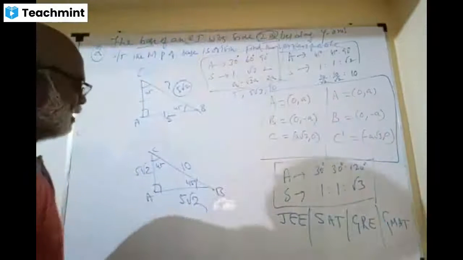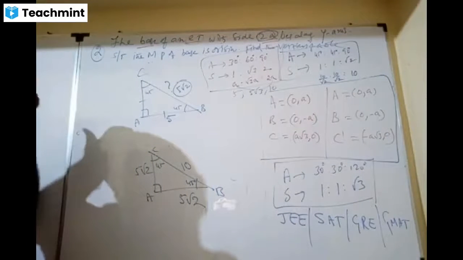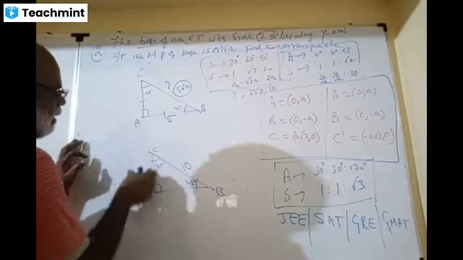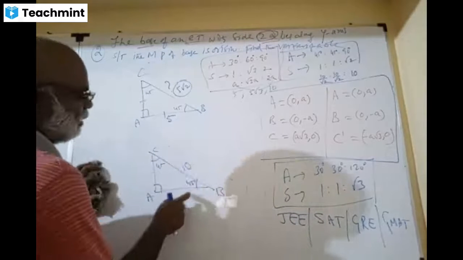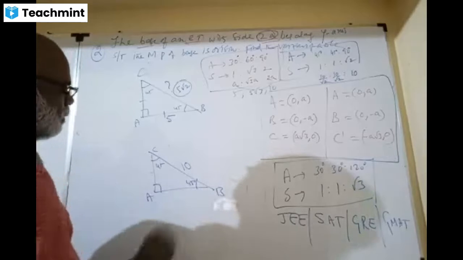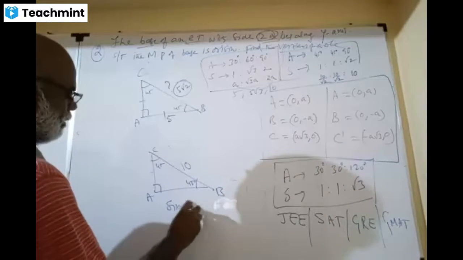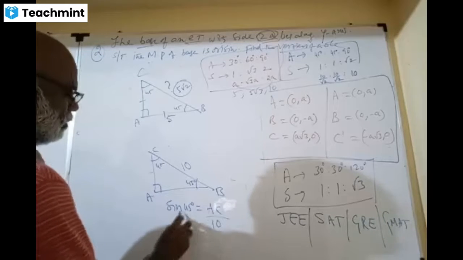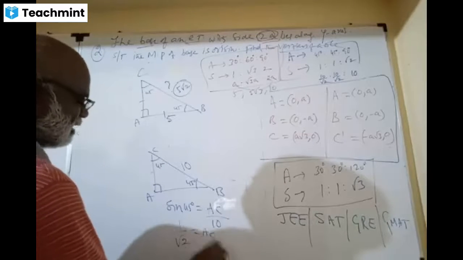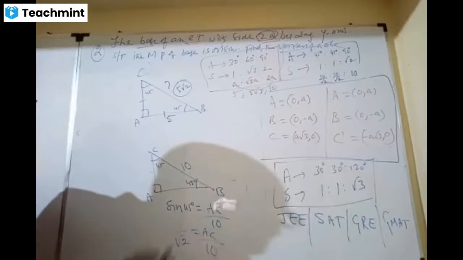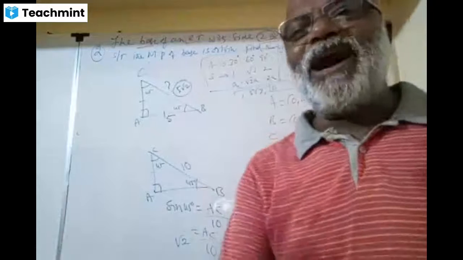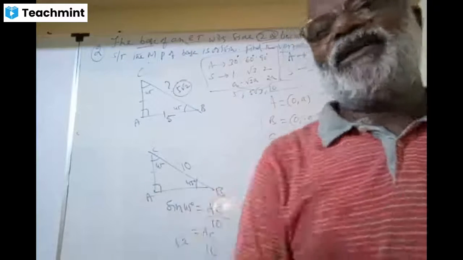Hypotenuse is given, divide with root 2. You should understand what is given and what is to be found. 10 is given here. So divide with root 2, you get 5 root 2. Use trigonometry: sin 45 is AC by 10, so AC is 10 by root 2. If you want smaller, you should divide it. If you want bigger, you should multiply.